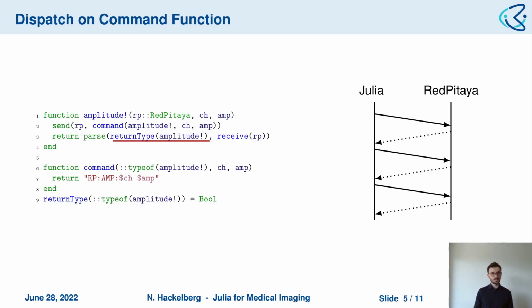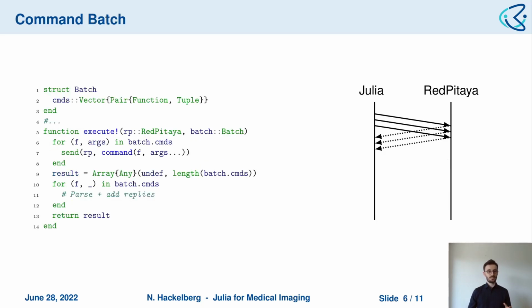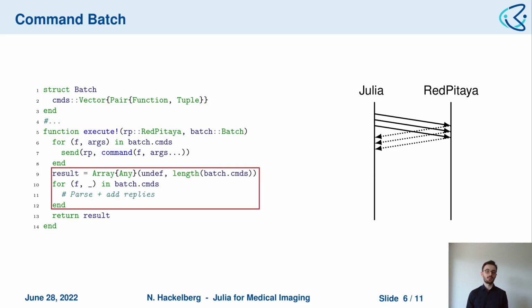And on its own, this doesn't change anything yet, but now we can actually write functions that take as input a vector of functions and the arguments, so a vector of commands to a repeater, and then we can execute them as a group or as a batch. So we can first actually send all the commands to the repeaters that we want to send before we start reading the replies and parsing them. And this allows us to use the TCP stream way more efficiently and save a lot of time.